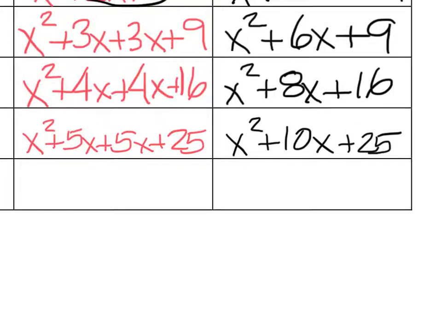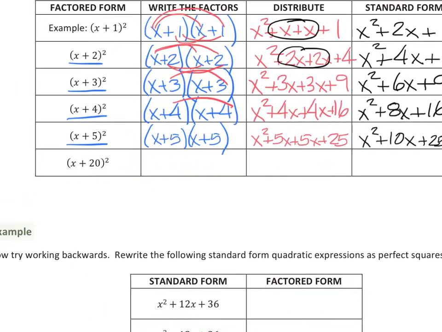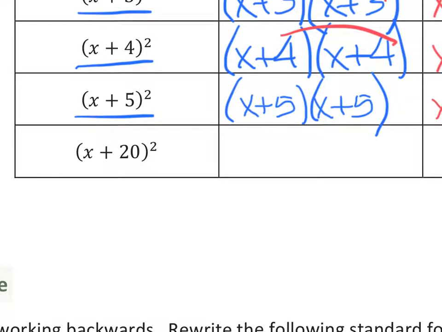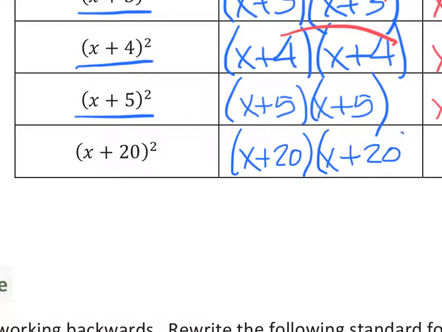Right. Okay, down here at the bottom of the table, notice that it skips to 20. We went 1, 2, 3, 4, 5, but now we're at 20. What are the factors? x plus 20 and x plus 20.